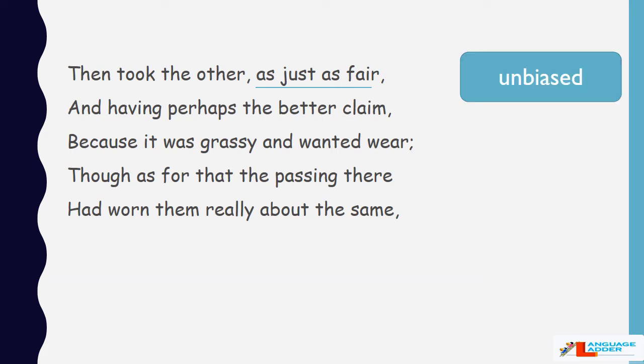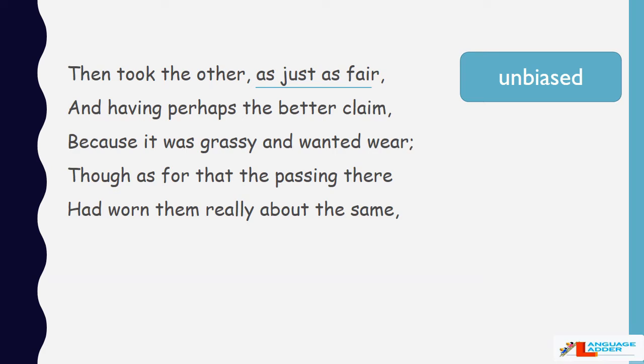Since here the words just and fair appear side by side, we are assuming that the poet intends to justify his choice by calling it fair or the correct choice. So he says the other road, that is the road he chose to take, is as just or as fair as the previous one.